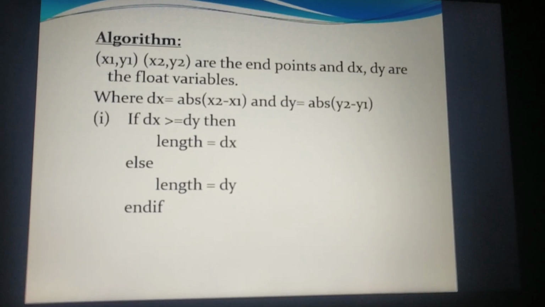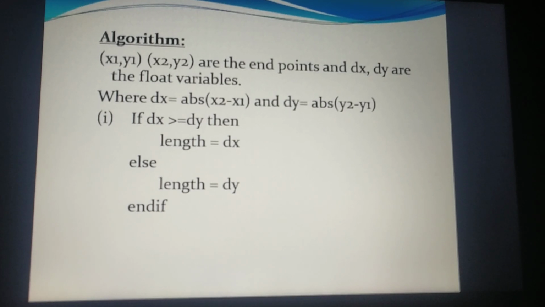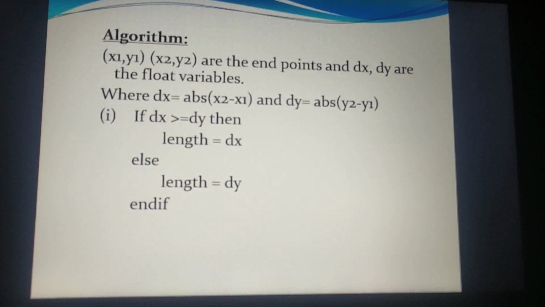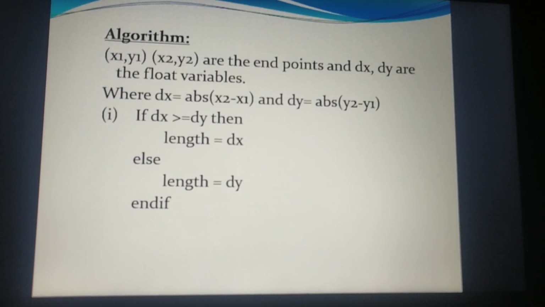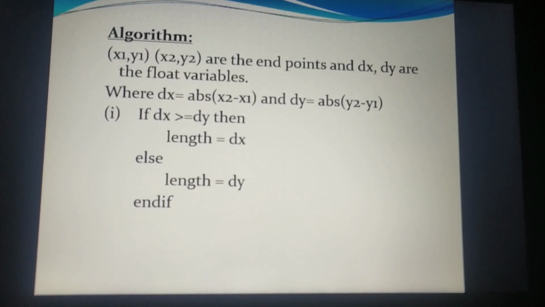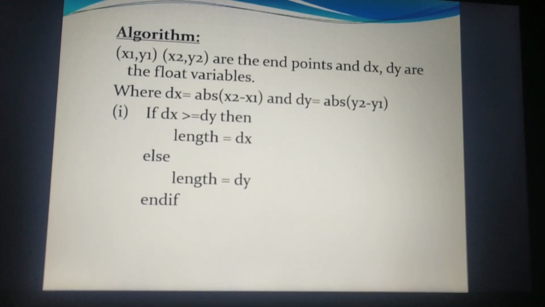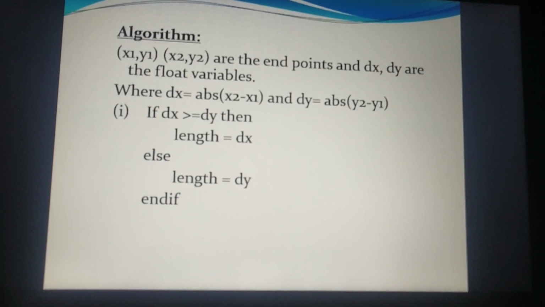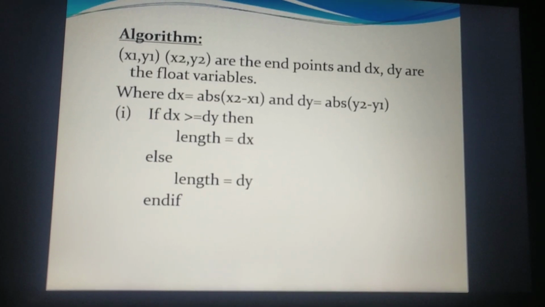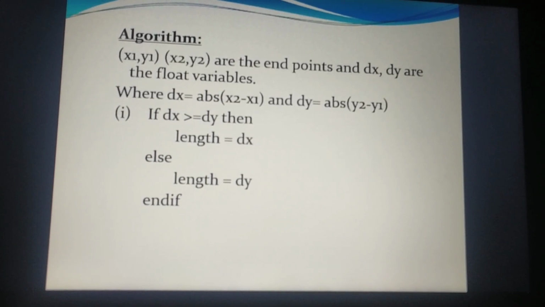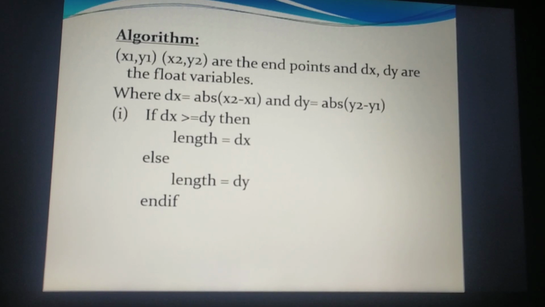This is the algorithm. We have the two endpoints that we know, x1, y1 and x2, y2, and dx and dy are float variables, where dx equals the absolute value of x2 minus x1 and dy equals the absolute value of y2 minus y1. In the first step of the algorithm, I am calculating which of dx and dy is greater. If dx is greater, I will plot the line towards the x-axis.